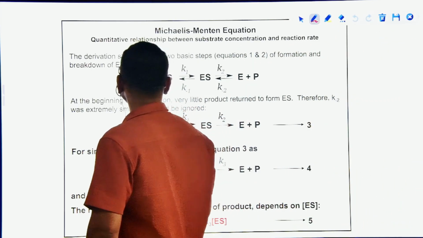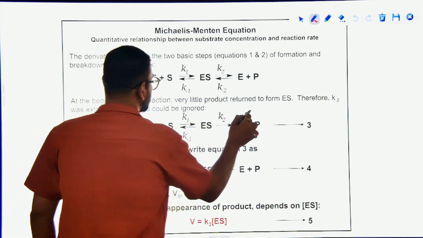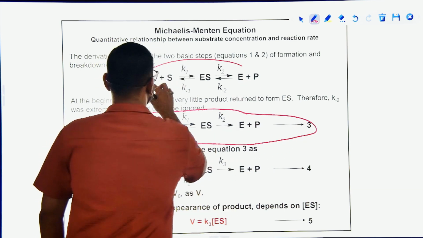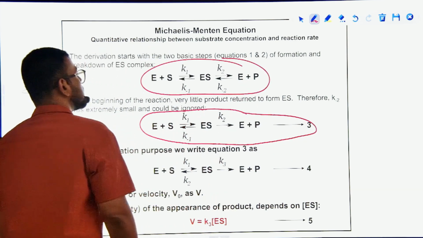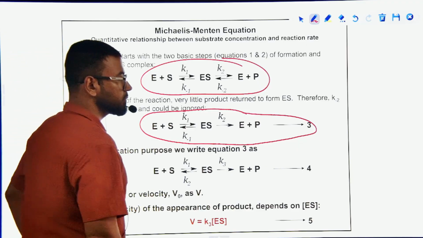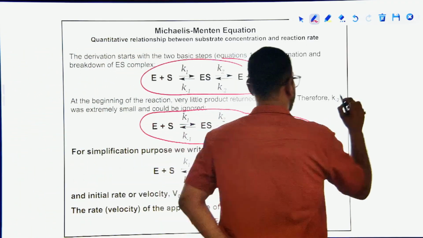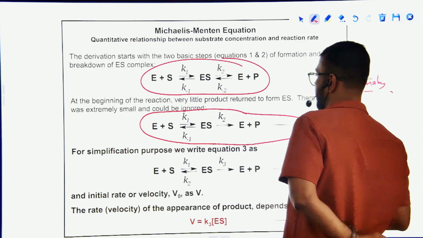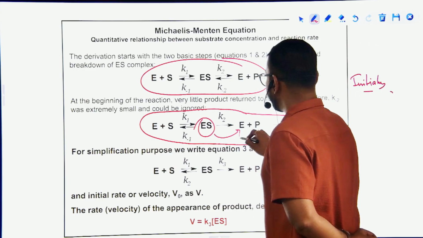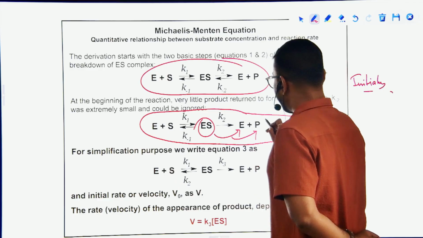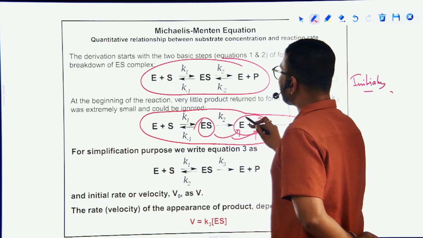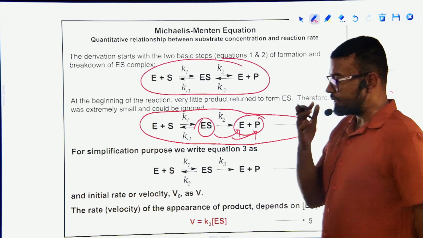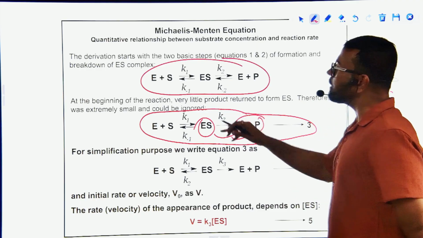For the Michaelis-Menten equation, we will definitely use this reaction. Why not this? Because there lies a problem. Initially, ES is getting converted into E plus P, but E plus P is not getting reconverted into ES.